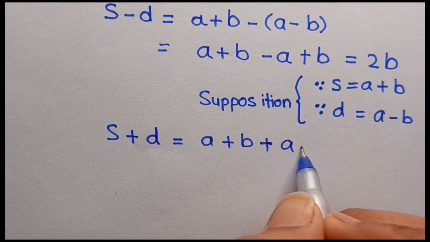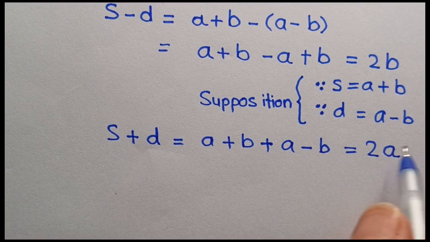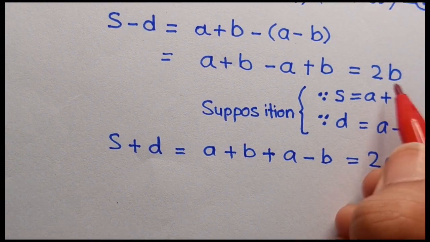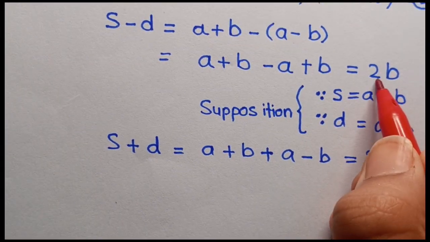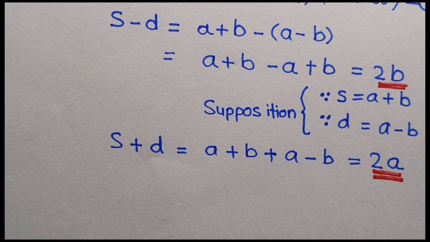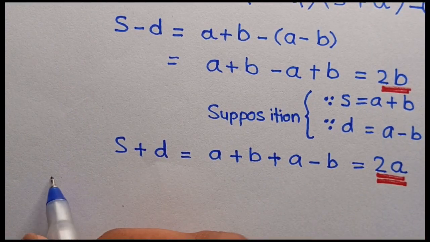S plus d, putting the values, a plus b plus a minus b. Now plus b and minus b will be cancelled to each other and we will get 2a. In subtraction we get 2b and adding we get 2a.